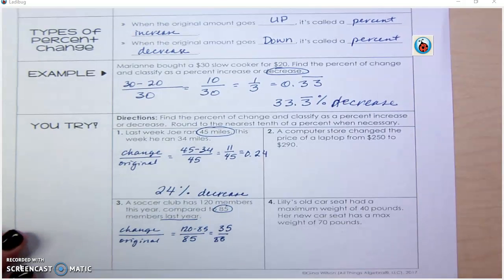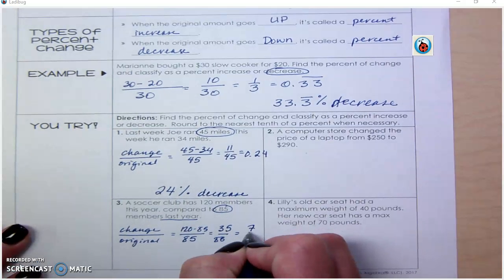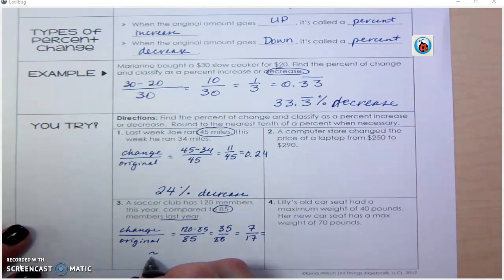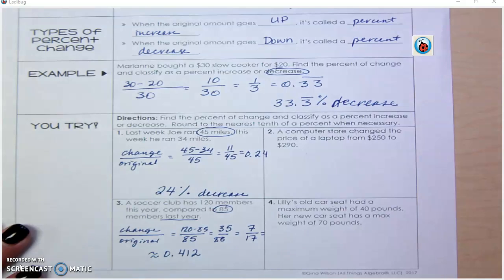We can always reduce. We've talked about this in class. 35 and 85 are both divisible by 5, just to give you smaller numbers to work with. Okay, 7 over 17. It's not going to be a super nice number, but it's okay. We can deal with it and then just round from there. So when you divide, you're going to come up with 0.412, and so we will convert to a percent.